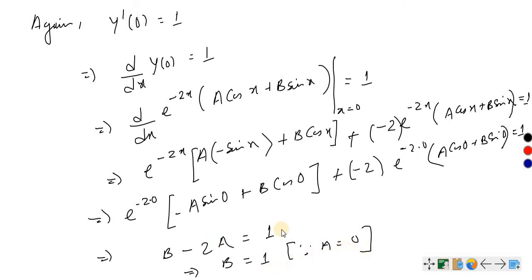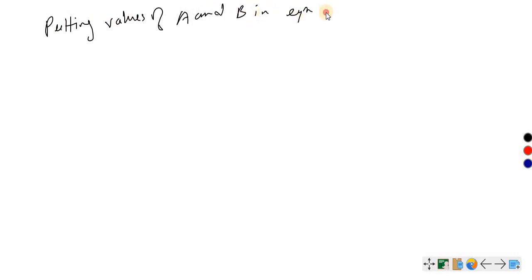Now we will simply substitute these values in equation number 1. Putting the values of a and b in equation 1, we get y equals e to the power minus 2x.